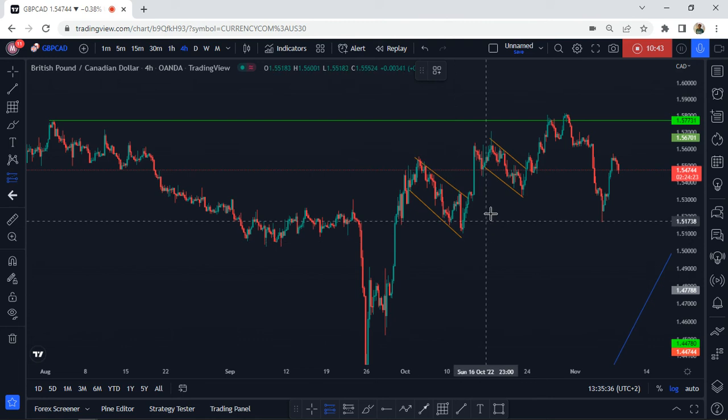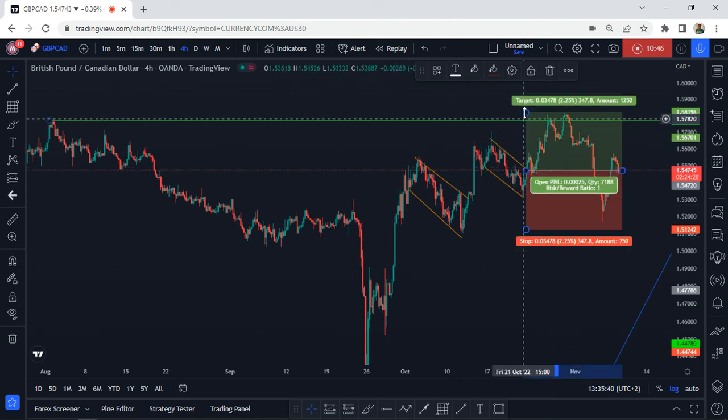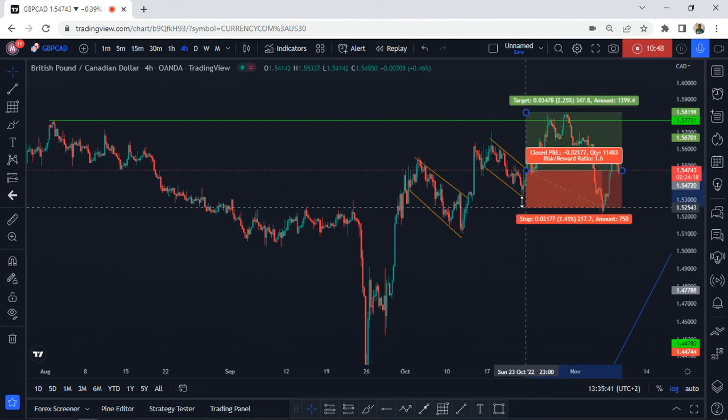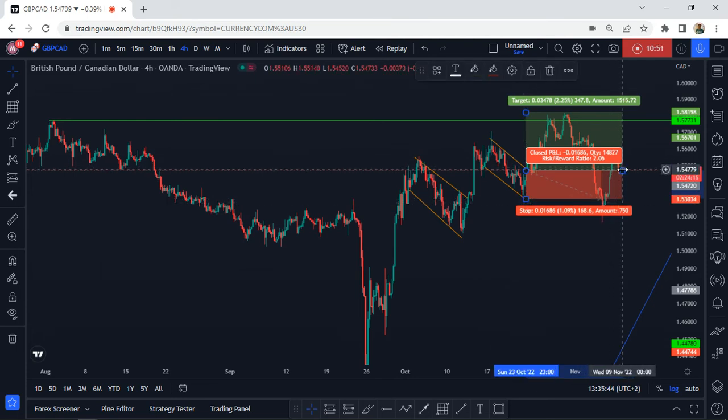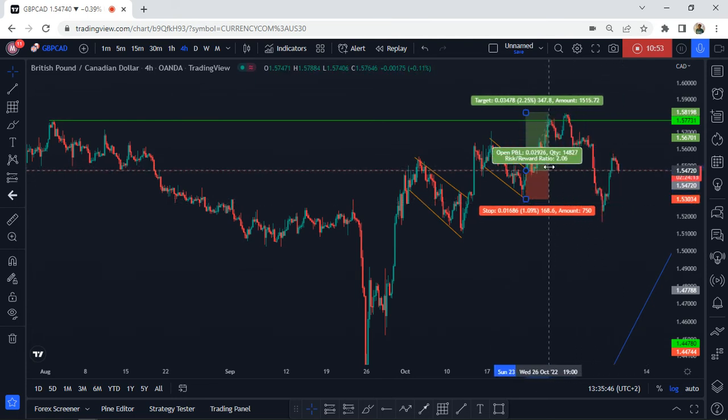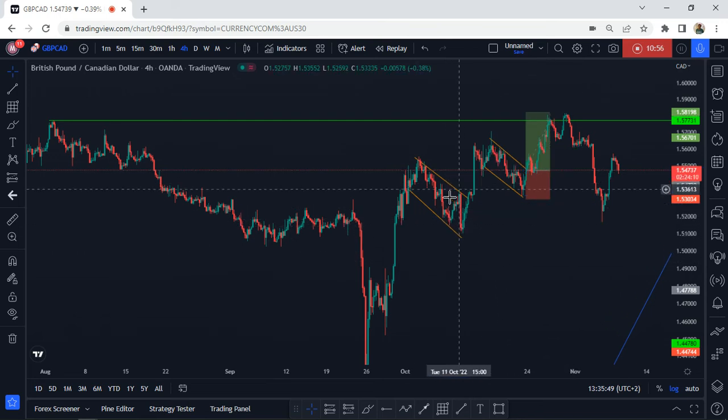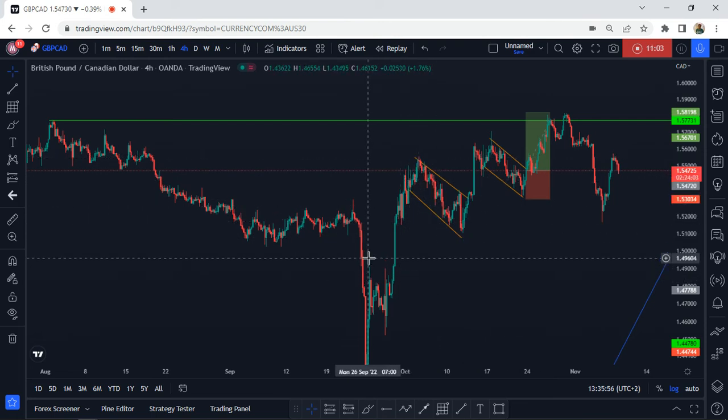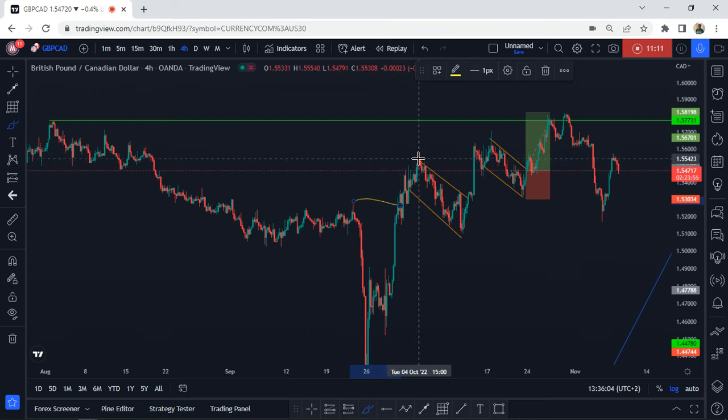But for this one, guys, I would have taken this one if I were to take a position. I prefer this one rather than that one because here we didn't have a trend yet, but after the market broke here, we now have a trend going up because we have been breaking previous highs. Even here we broke this previous high, meaning the uptrend is confirmed.